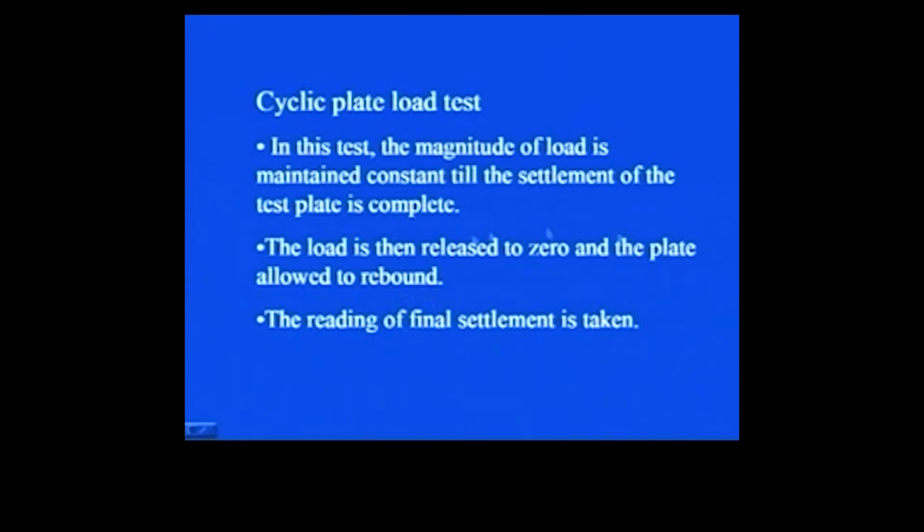When the test plate is allowed to rebound, once the rebound has stopped, you can note down that particular reading of the test plate, that is, that particular settlement. So the reading of final settlement is taken.